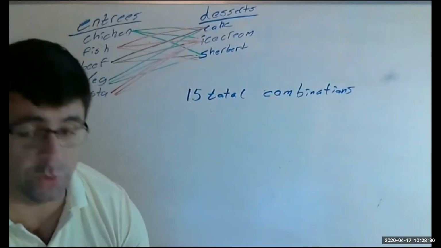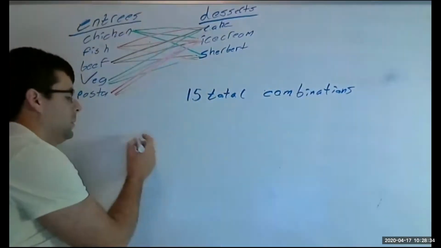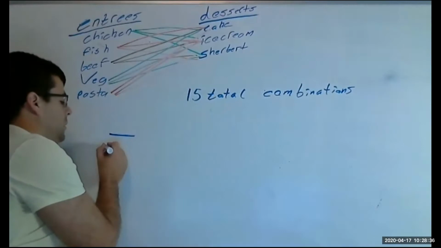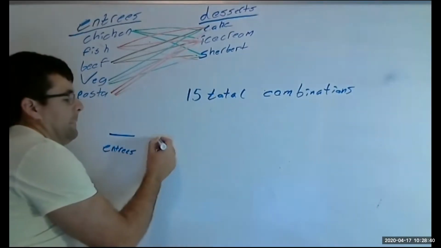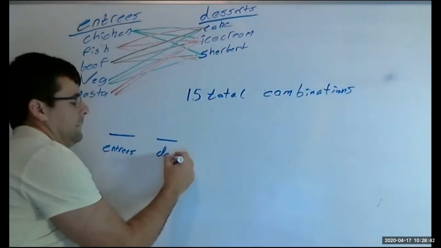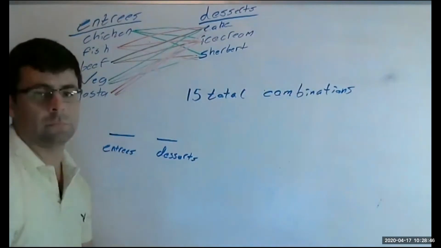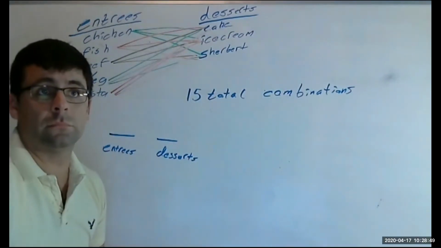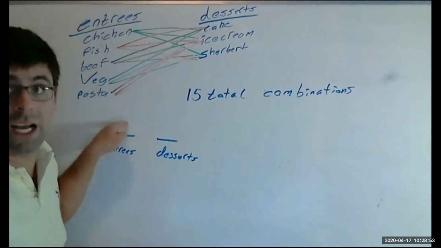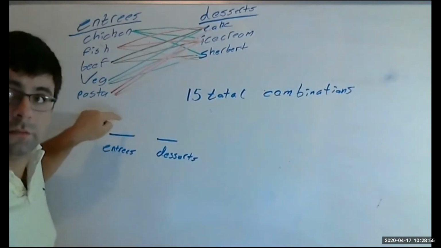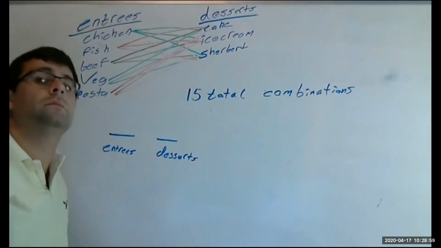We should just continue to do it like we did our previous problem. So how many possibilities are there to go in this entree space? 5.